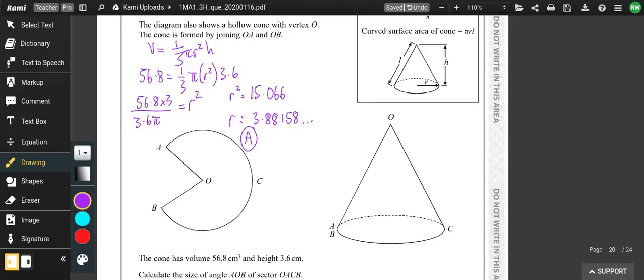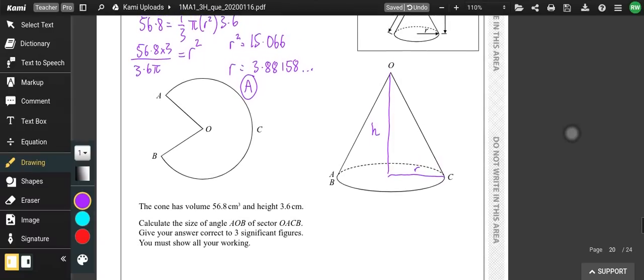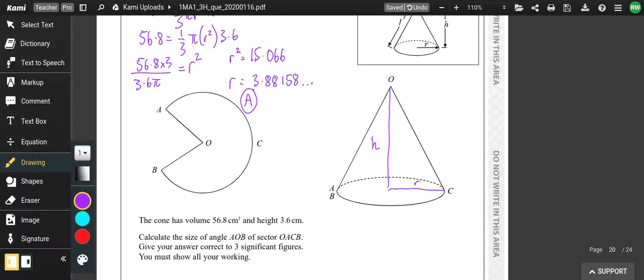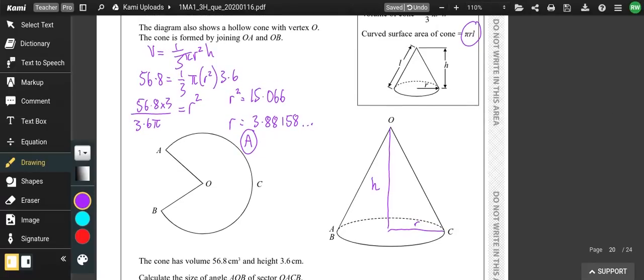Let's store that in memory slot A. So we've now worked out the radius of this, and we're told the height. So we need some connection between the sector so that we can work out this angle. Now the connection is kind of given us here, because the curved surface area of the cone is going to be equal to the area of this kind of shape here.